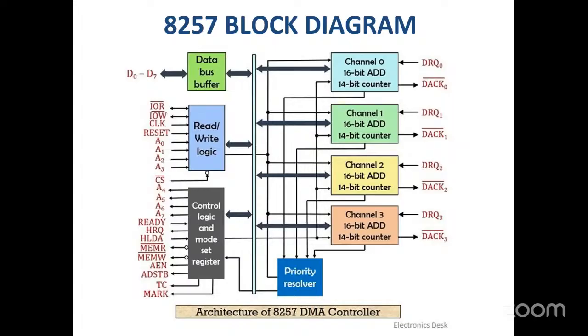Each channel has one data request pin, DRQ0 and so on. These are the 4 channels: channel 0, channel 1, channel 2, channel 3. Each channel has a 16-bit address and a 14-bit counter.